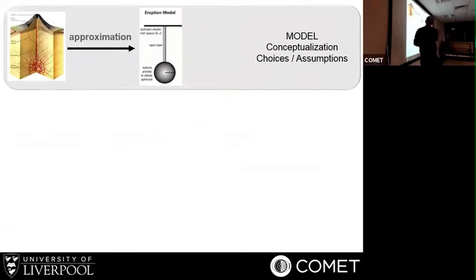For example, the crust, because it's formed of cold rocks, can be approximated as an elastic material. And in the case of volcanoes, we can simplify all the complexities of magma reservoirs into simple geometries, like a sphere, a prolate spheroid, or a dike intrusion connected by a pipe to the surface.